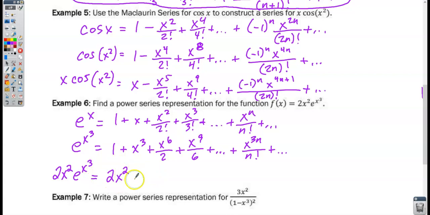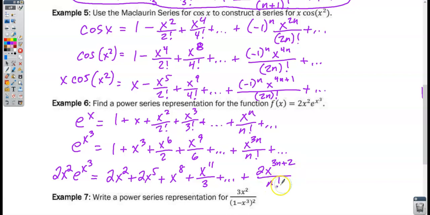This becomes 2x squared, 2x to the 5th, 2x to the 8th over 2, which is just x to the 8th, 2x to the 11th over 6, which is just going to be x to the 11th over 3, and then 2 times x to the 3n plus 2, all over n factorial. And no adjustment needed on my general term here because it matches my specific term already.